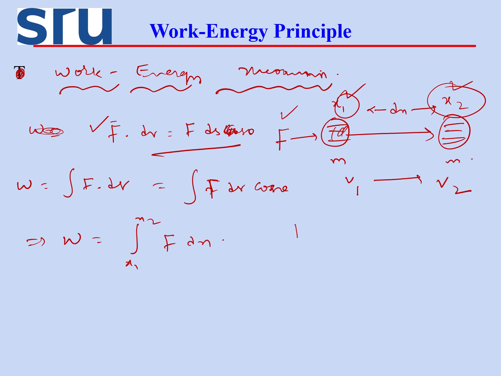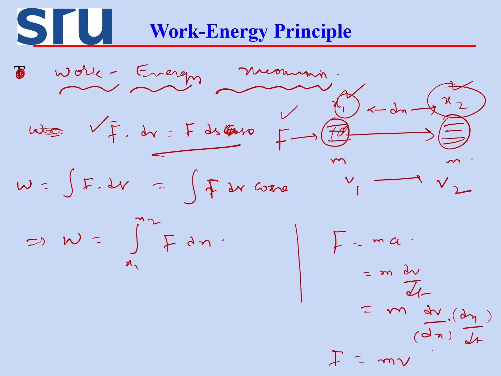But according to Newton's second law, F equals ma, that is m into dv by dt. So we can write m into dv by dx and dx by dt. So just divide and multiply with dx. Then F equals, we write, mv dv by dx.